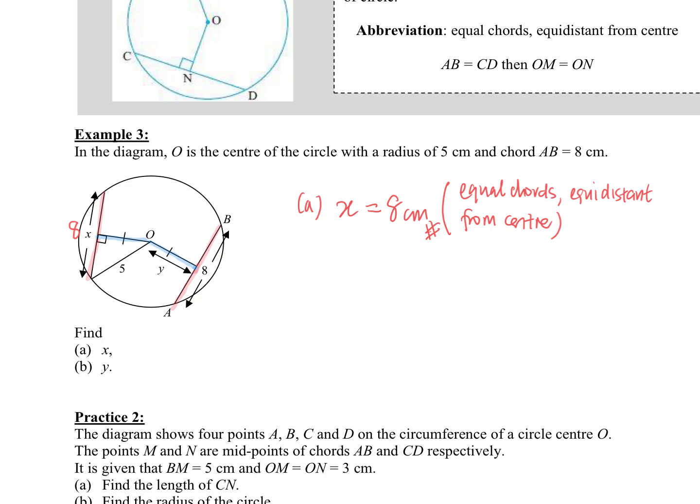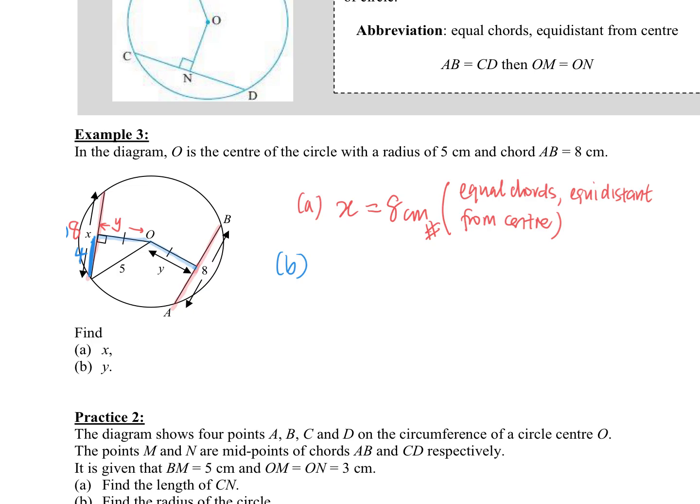Okay, so last one is y. This distance I know is the same as this distance. So how can I approach the question? You find the... 8 divided by 2. Okay, so I'm hearing that I should divide the 8 by 2 to find this to be 4. But how come I can divide by 2? What is the reason? It's from center. Perpendicular from center. Correct.